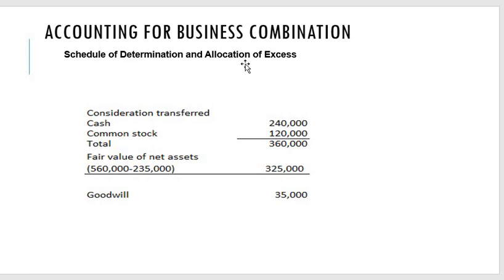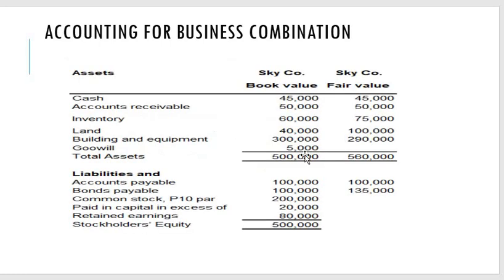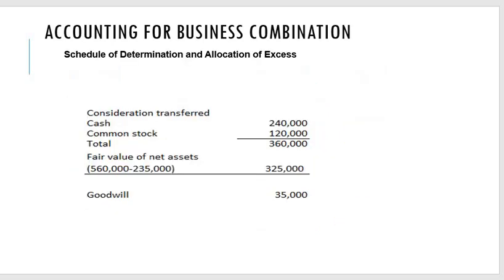That's the difference between the total assets, the 560,000, that's 235,000 non-current assets, and 235,000 liabilities. So we have net assets of 325,000. Therefore we have a goodwill of 35,000. That's the difference between your total consideration less the fair value of your net assets.